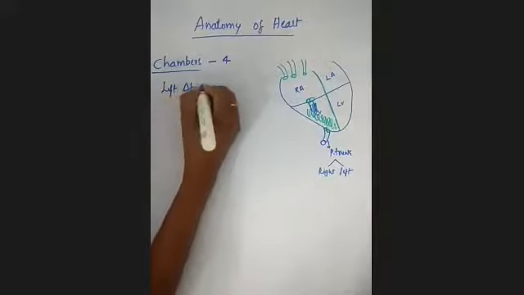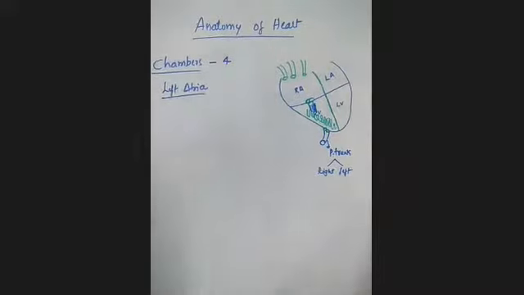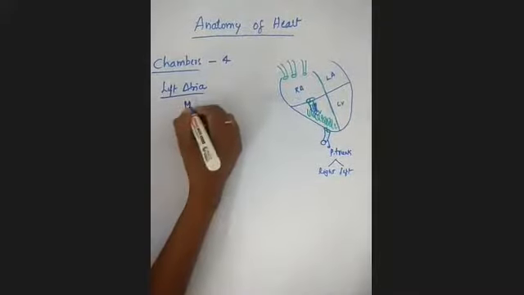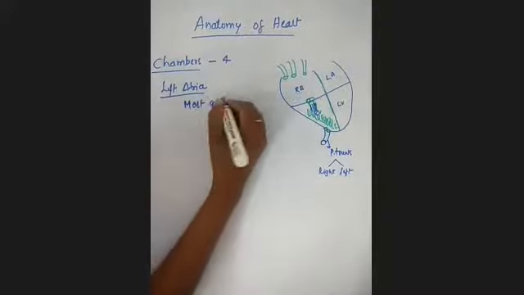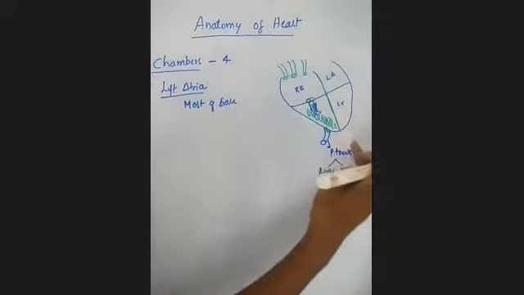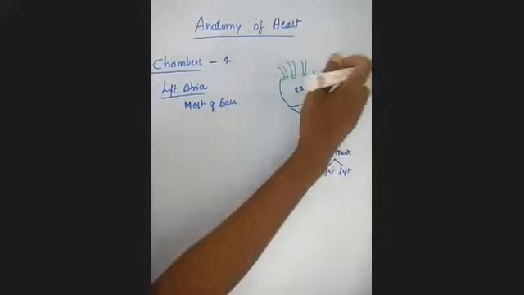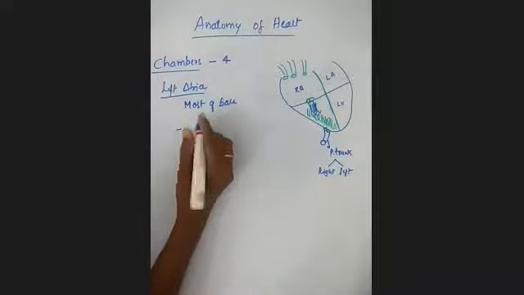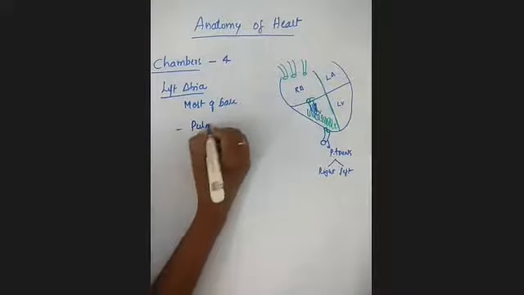The left atrium forms most of the base. This part is the base and this part is the apex. Clear? Most of the base is formed by this left atrium, which receives blood from the pulmonary veins.